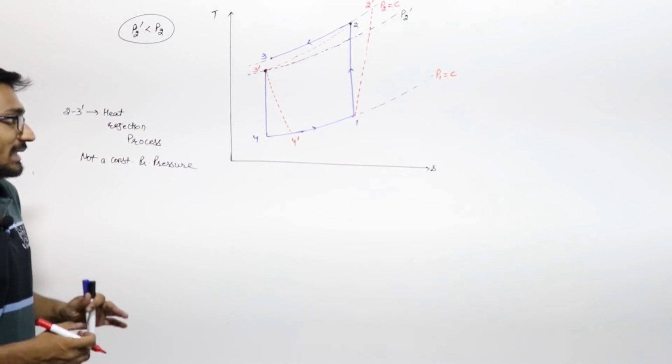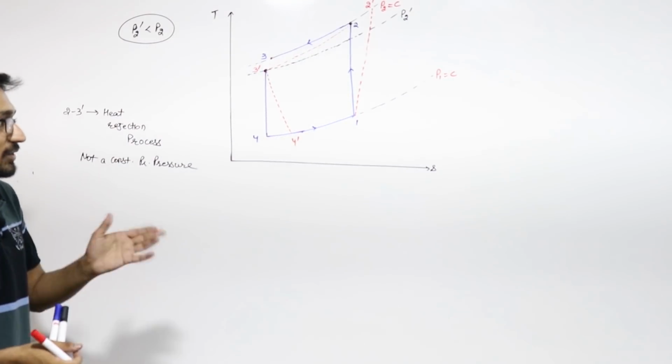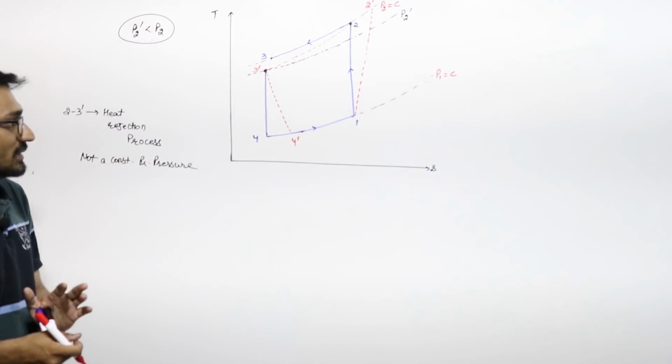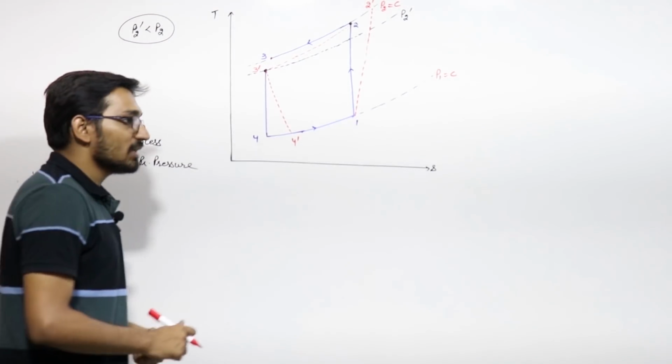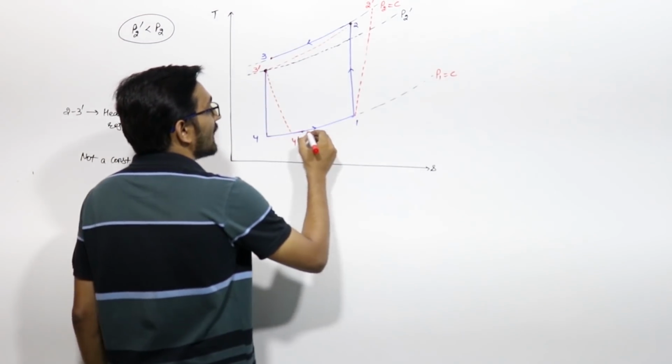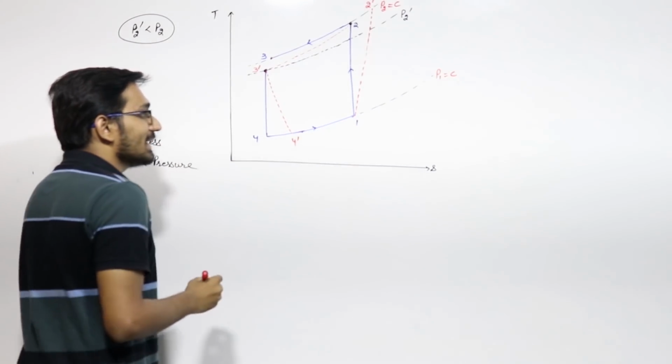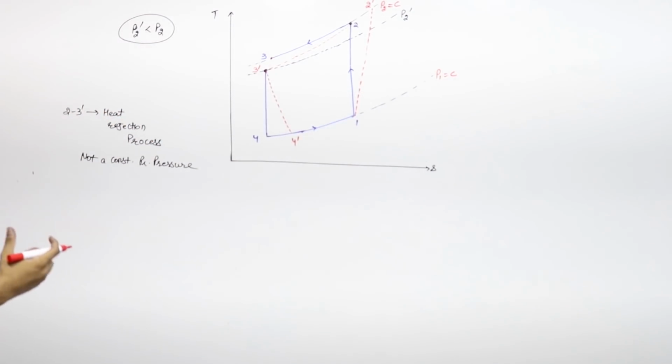Now in process 4 to 1, if the process is an ideal process, that is a constant pressure process, then it will be 4 dash to 1. But now we can say that its pressure is reduced.